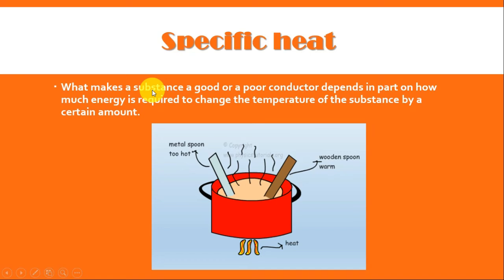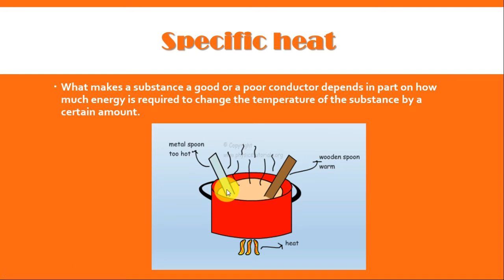What makes a substance a good or a poor conductor depends in part on how much energy is required to change the temperature of the substance by a certain amount. So here in the example, when you put two different materials, a conductor and an insulator, like a metal spoon and a wood spoon, inside boiling water, the same amount.